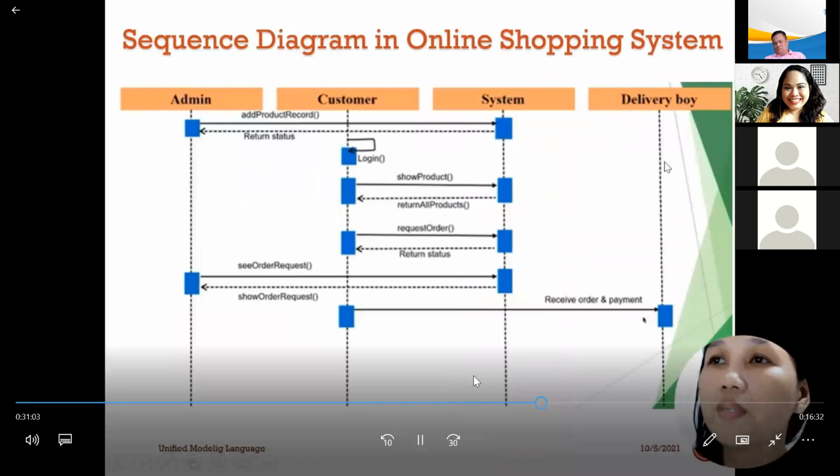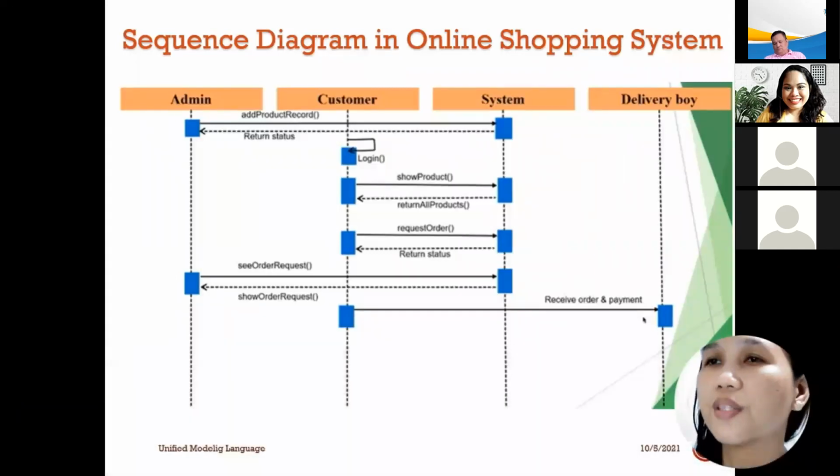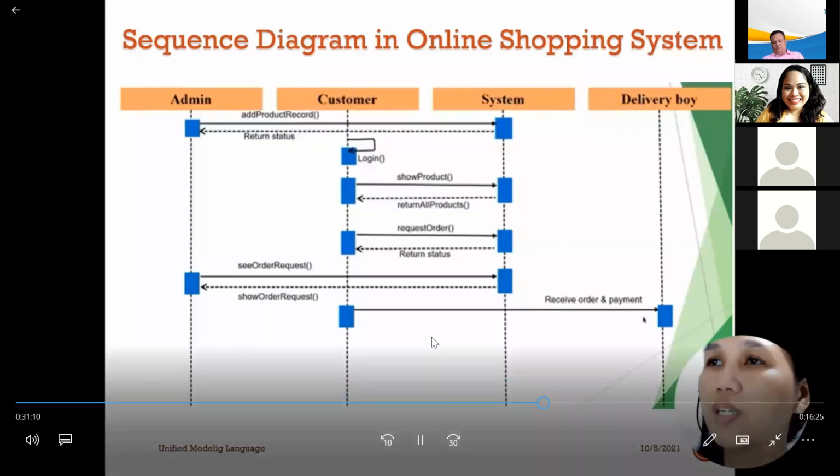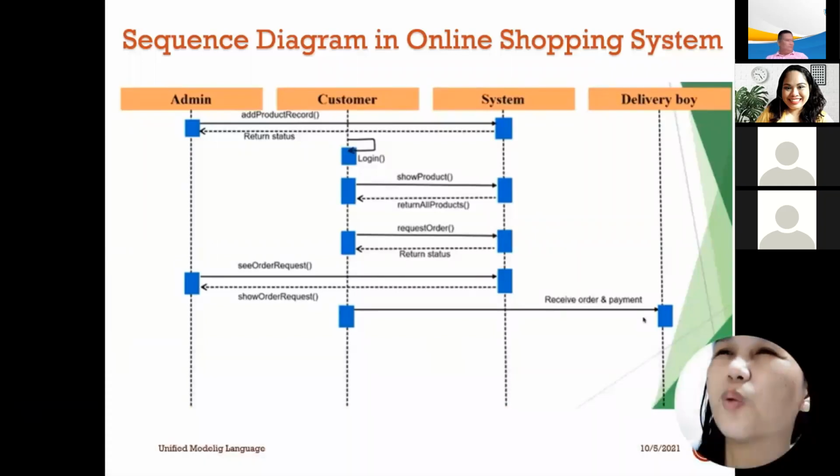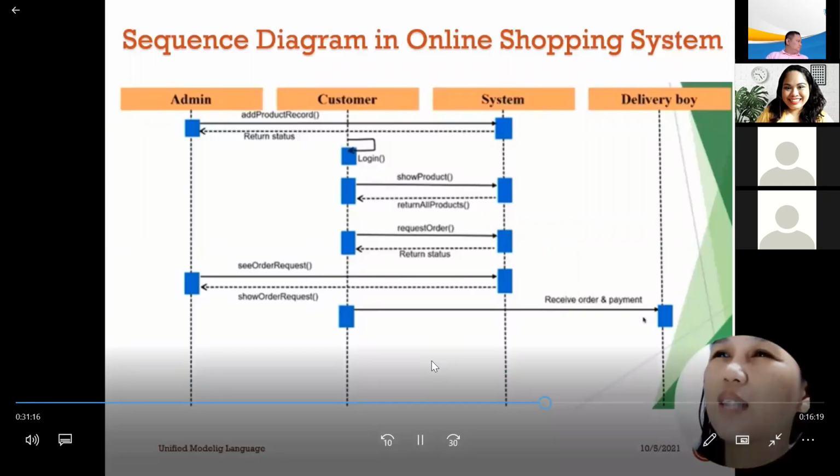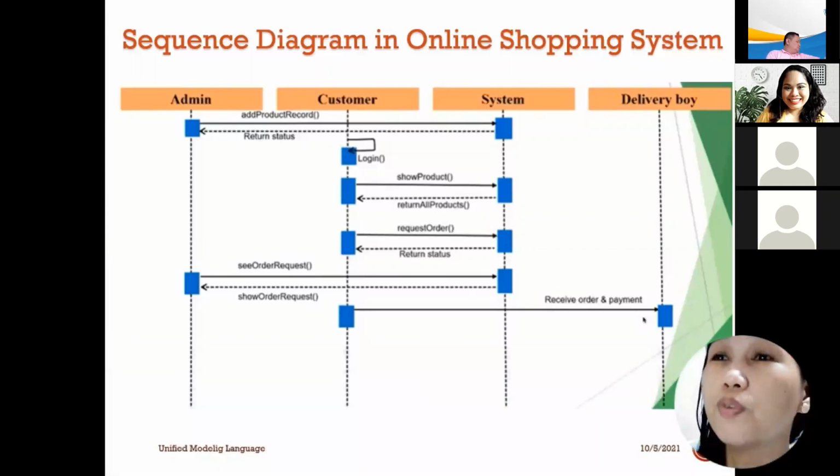Here's an example of a sequence diagram of an online shopping system. Again, this is our third diagram, the sequence diagram related to the online shopping system. So we have the admin, who will check the status. The customer will log in and then will approve the status, whether the customer is an approved client to a certain site, for example, and then it will show the product.